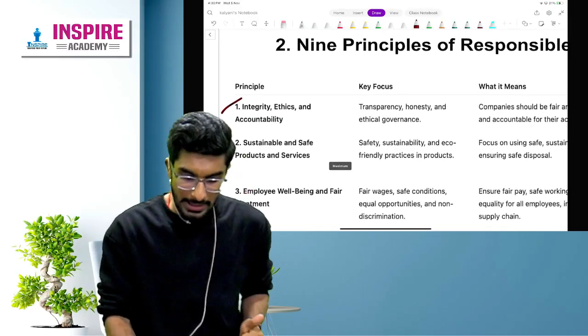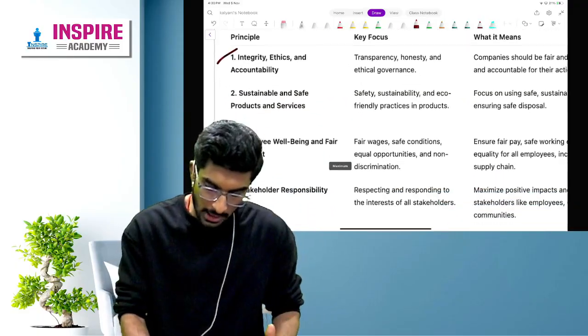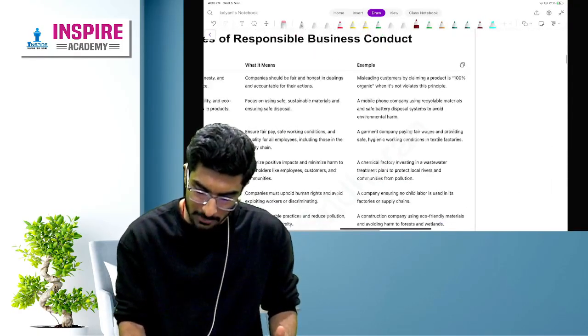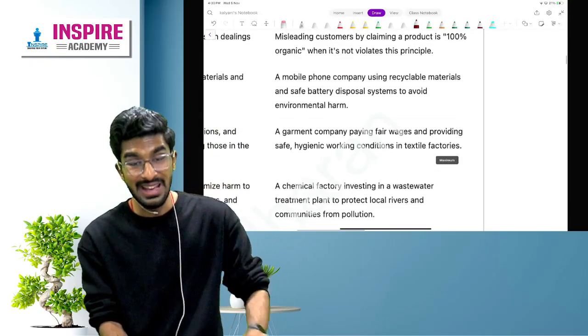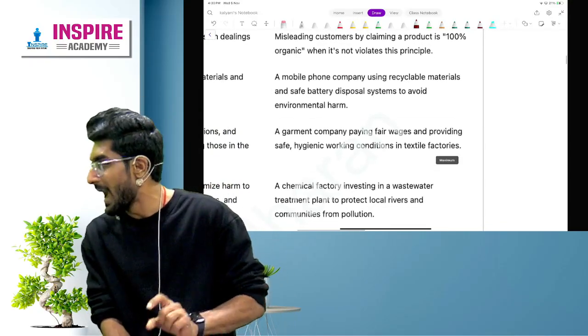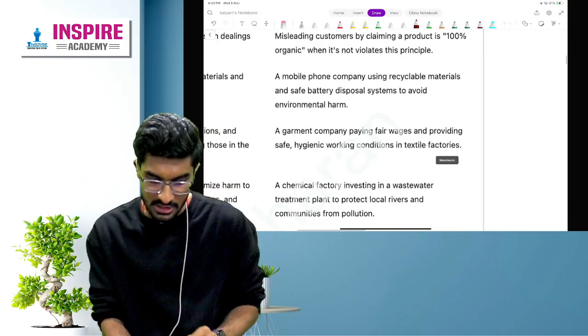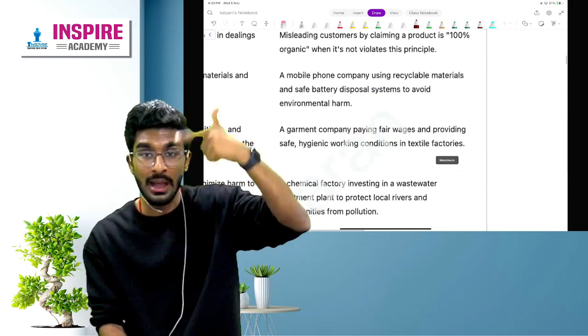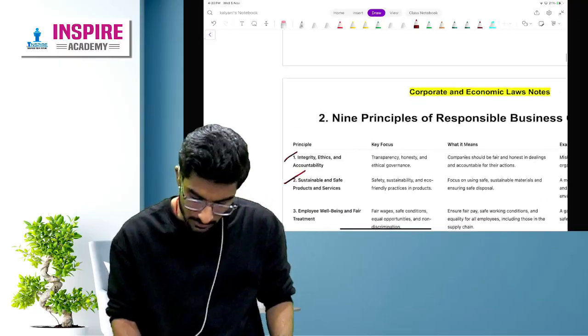Number 2 is, people, sustainable and safe products and services. Let's look at the example. A mobile phone company using recyclable materials and safe battery disposal systems to avoid environmental harm. So this focuses on environment, and number 1 focuses on integrity.